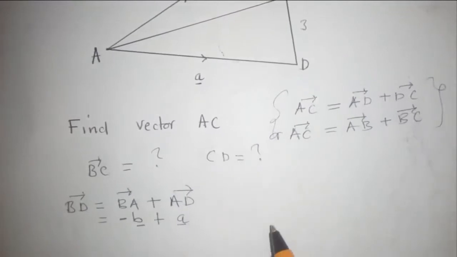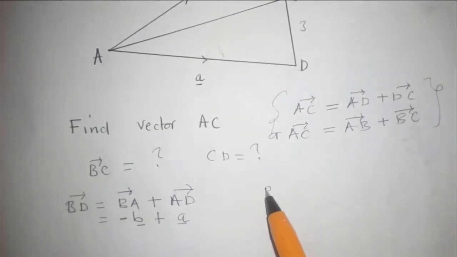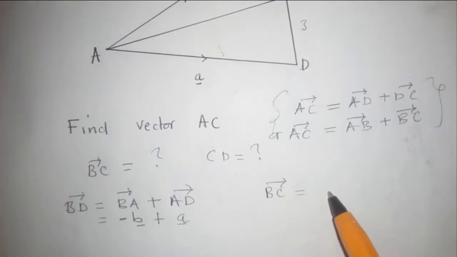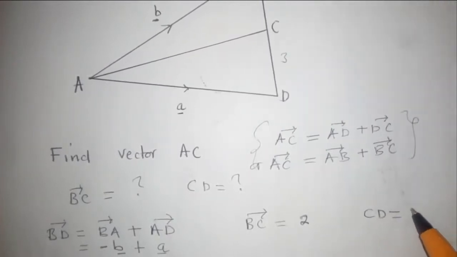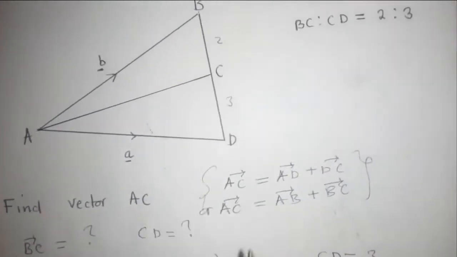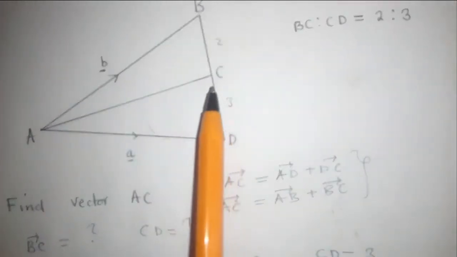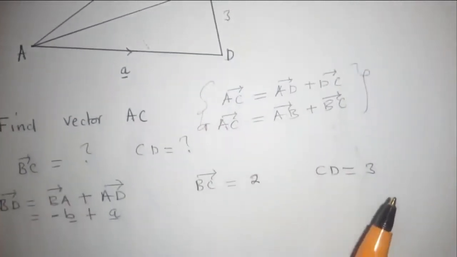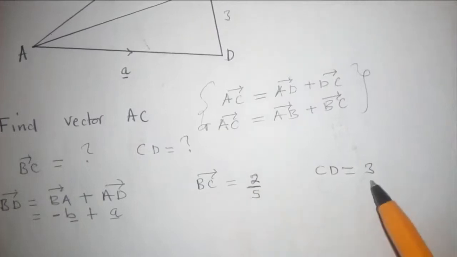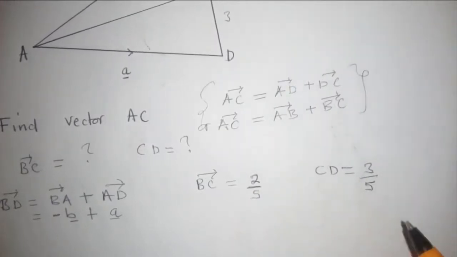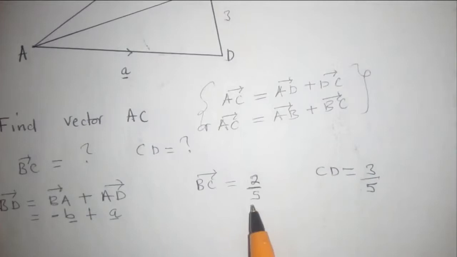Since we have found this, now we'll get our ratios. We know that the ratio for BC is 2, and for CD is 3. You see these ratios, BC 2, CD 3. Now we're going to divide by 5. I know you may be wondering where the 5 is coming from.